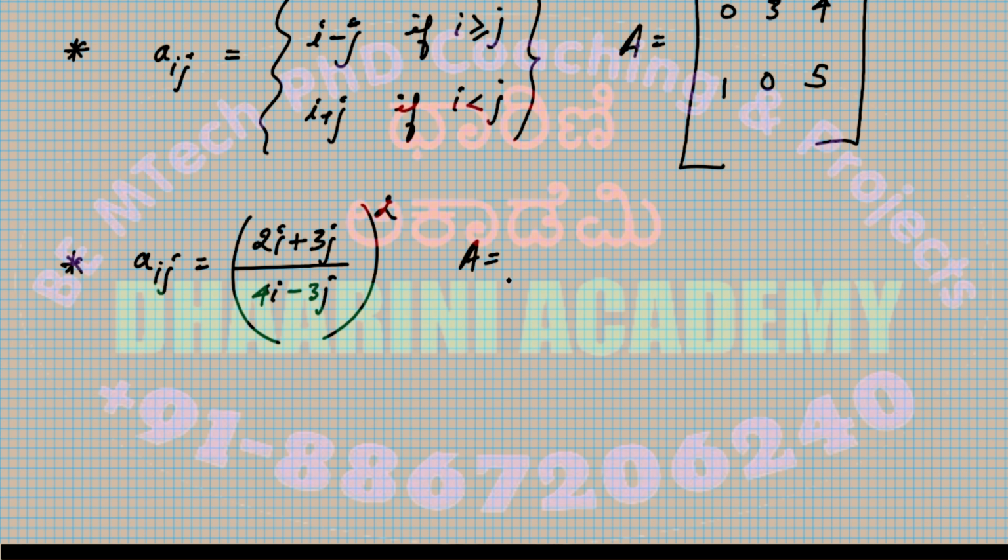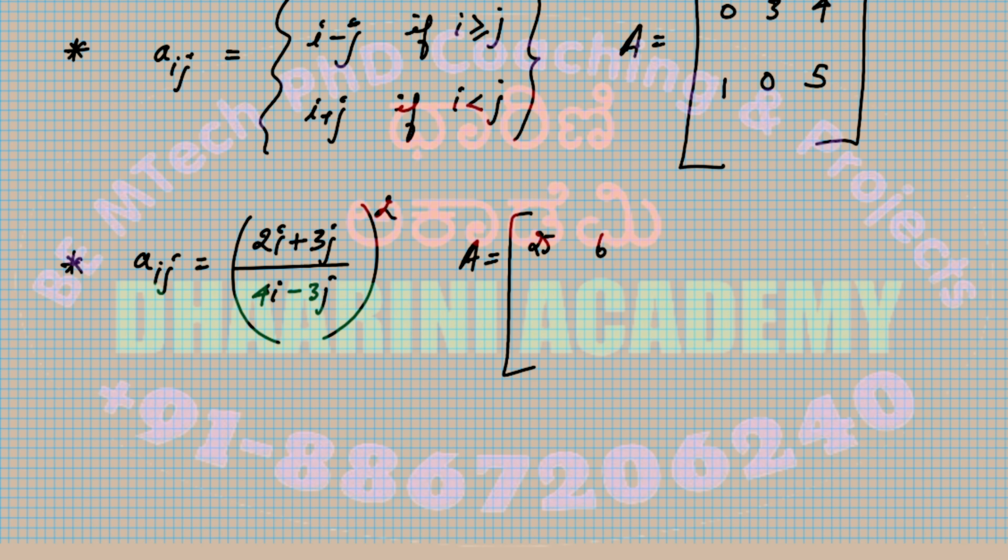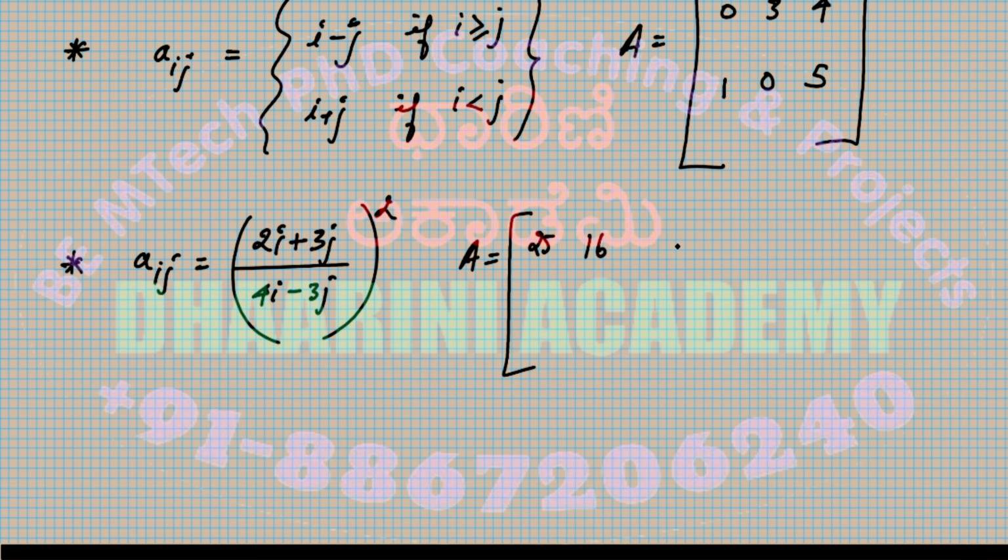Okay, so the answer is 25, 60, 160, 16, 121 by 25, 49 by 25, 25 minus 169.